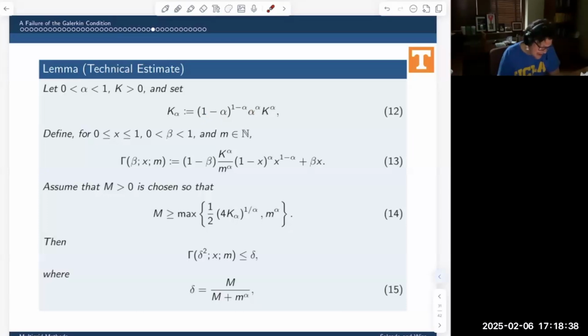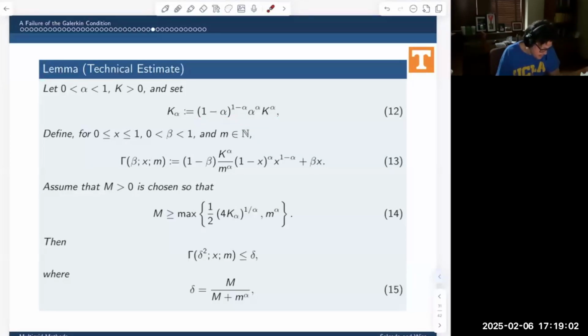Okay, if alpha is a half, then this is going to be a half to the half power. Okay, that looks like it makes sense. And a half to the half power, so that makes sense as well. And k to the alpha power, that makes sense. So all I know is that this is some positive number that we're going to need later.